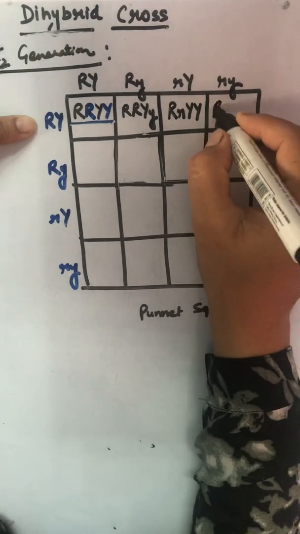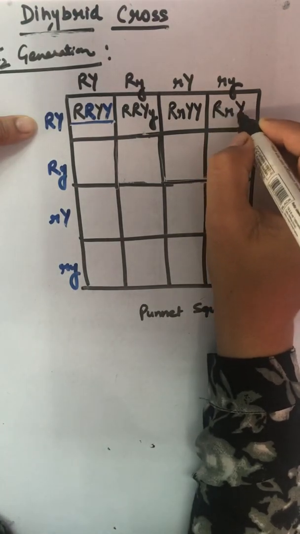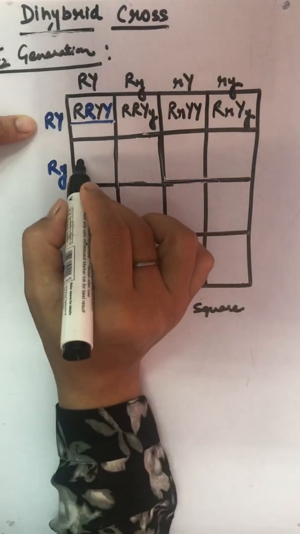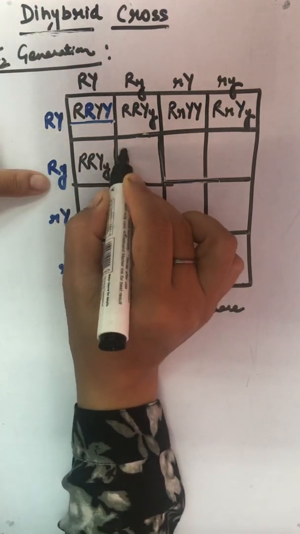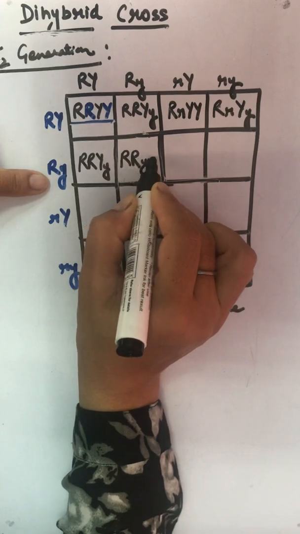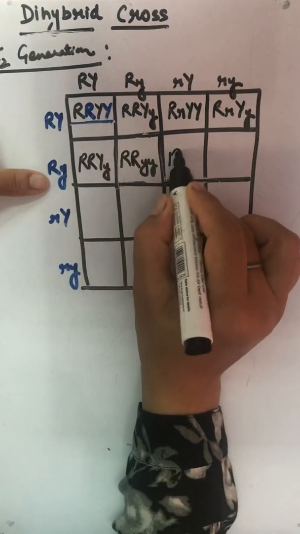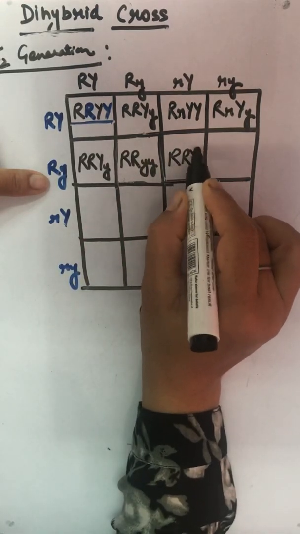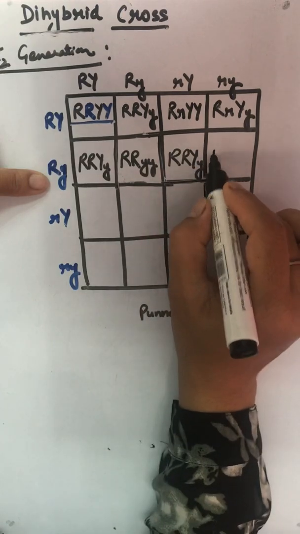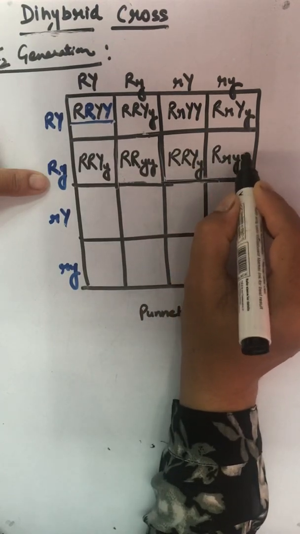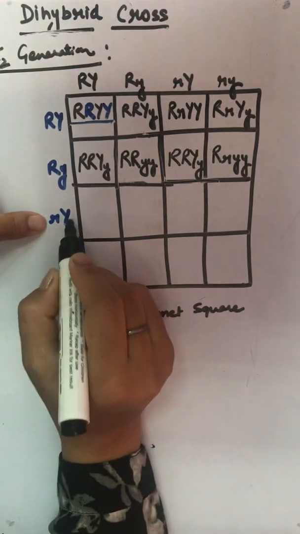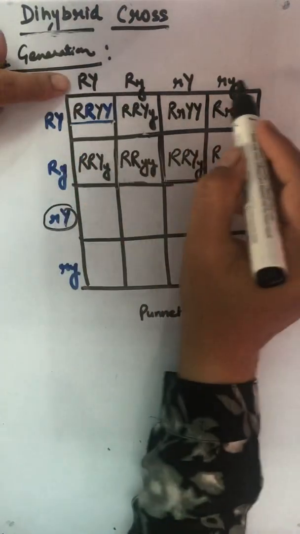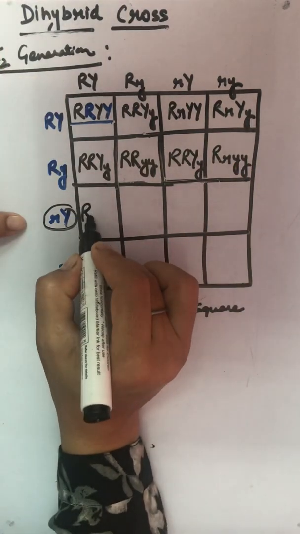Then capital R, capital Y, small y. Same is capital R, capital Y, small y. Capital R, small y, capital R, capital Y and small y. Capital R, small y, small y. Coming to the third line, this third with all four, the same way as we have done earlier.